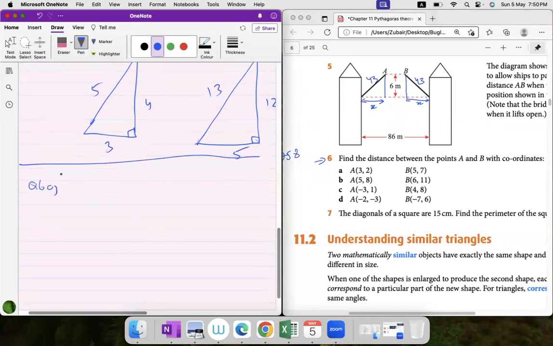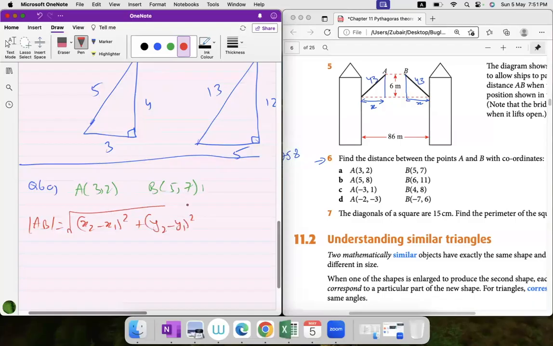Question 6, A part, coordinates of A are 3, 2, B are 5, 7. So distance AB is the square root of x2 minus x1 whole squared plus y2 minus y1 whole squared.